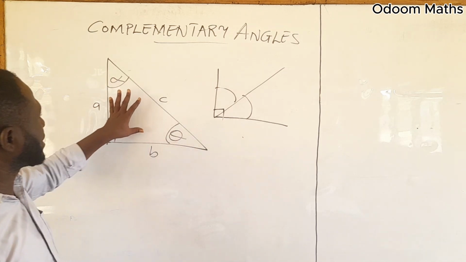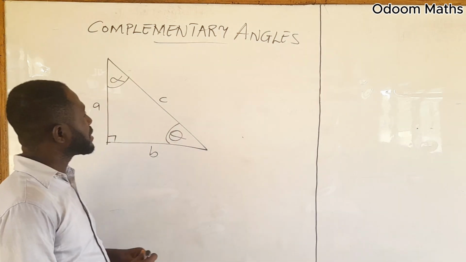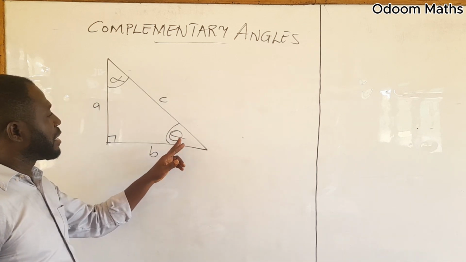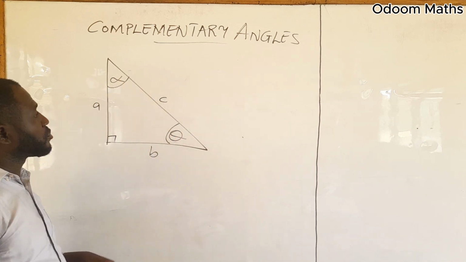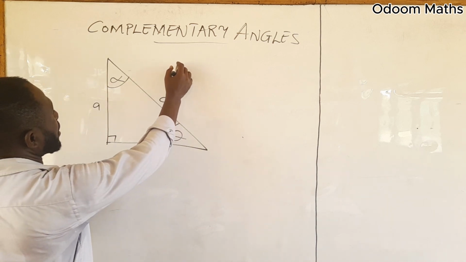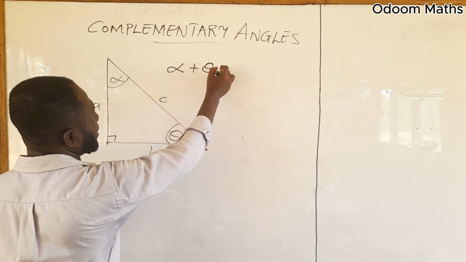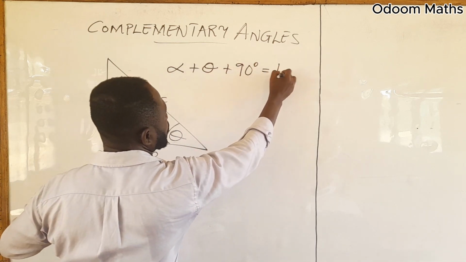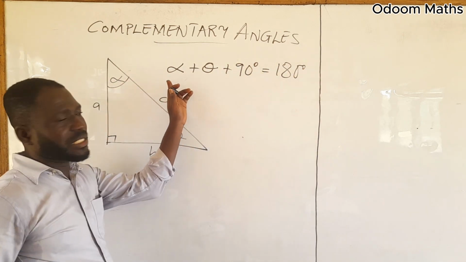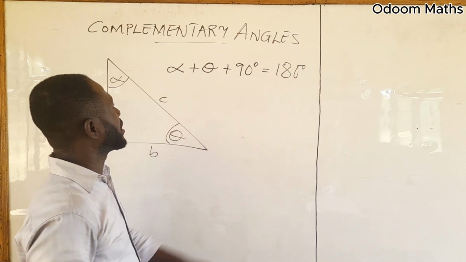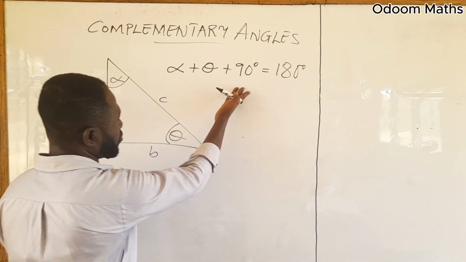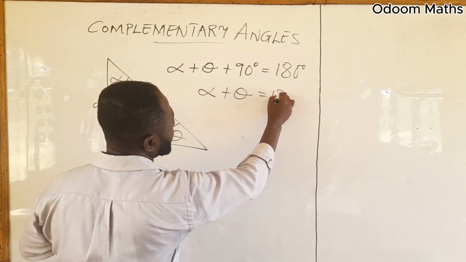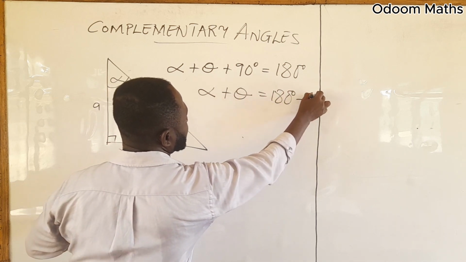Now let's consider this right angle triangle here. Let's try to talk about these angles, theta and alpha. Here, alpha plus theta plus 90 should be equal to 180 degrees. That is the sum of interior angles of a triangle. Now we can continue by saying that alpha plus theta is equal to 180 minus 90 degrees.